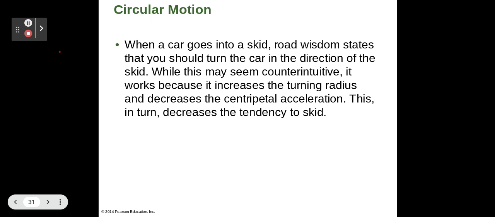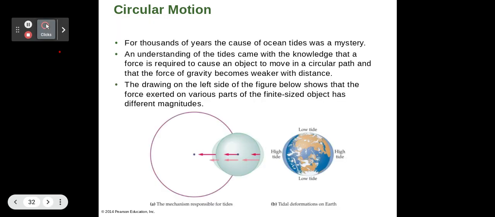You don't. You actually correct by going in the same direction that the car is skidding, and that is because of centripetal acceleration. You're increasing the turning radius, which decreases the centripetal acceleration and decreases your tendency to skid. Okay, so little practical knowledge there brought to you by physics.